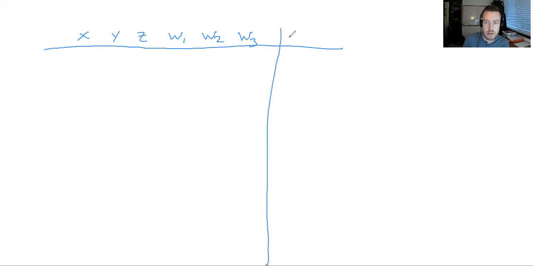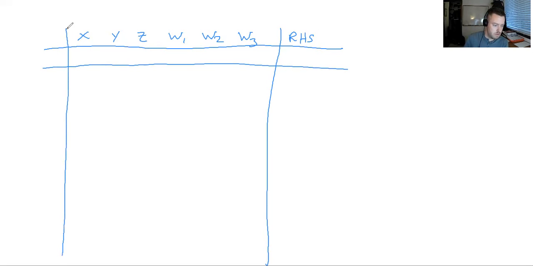Excuse my awful handwriting. This will be the right-hand side. This top row is going to be gamma, and then the slack variables will be here on the left as well: w1, w2, w3.